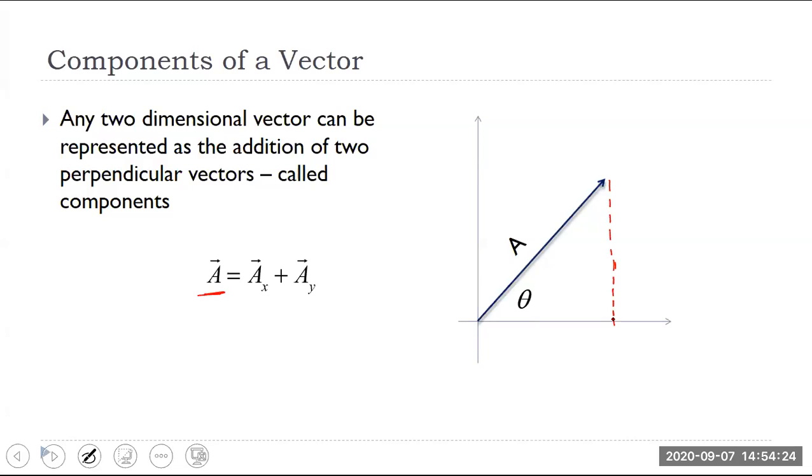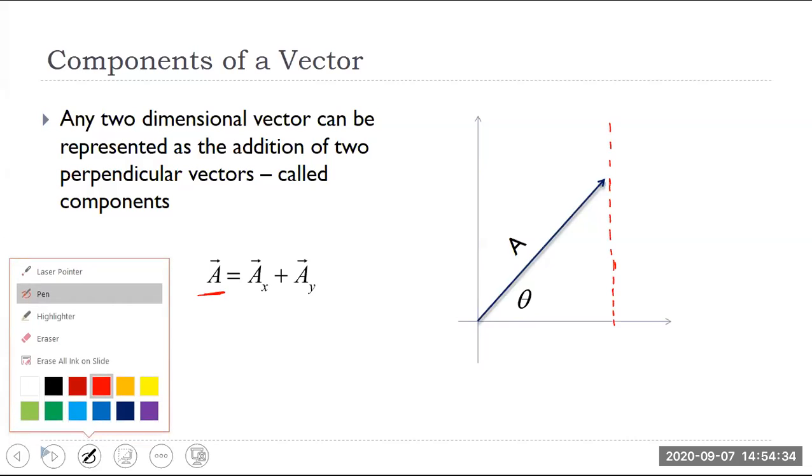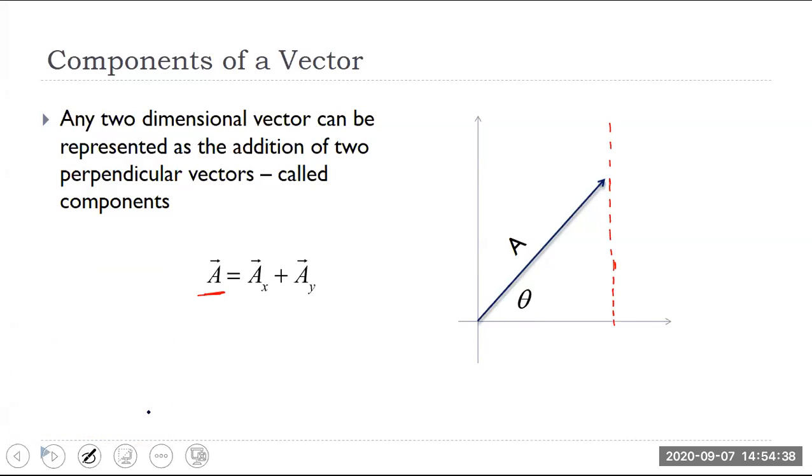So the way that I would do it is I drew in my dotted line there along the y-axis from the tip of my vector A. And now I can connect two vectors head to tail to equal that vector A. So I can start at the tail and go along the x-axis, and that is a vector that I'm calling AX.